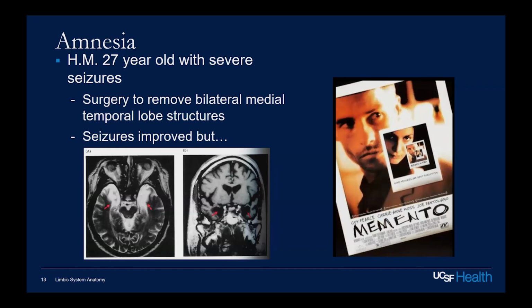Another thing that can happen in the limbic system: people who have refractory seizures, sometimes we need to remove the tissue that's propagating the seizures. And a famous case is HM, which we'll also hear about later.